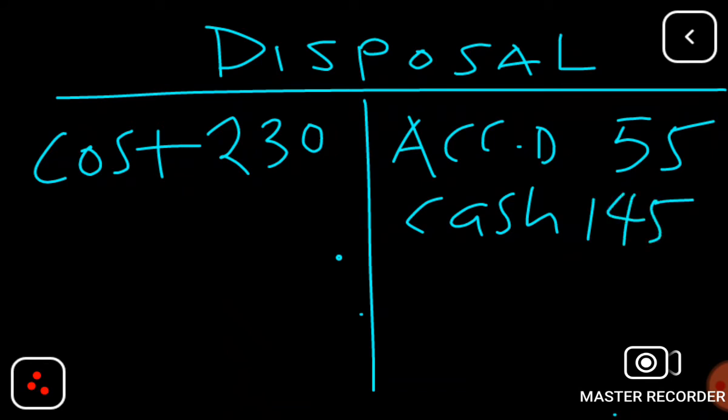Now the rule is that if and only if the cost of this asset that you sold is lesser than this side, which is when you add the accumulated depreciation and the cash that you sold it at, then you've made a profit.